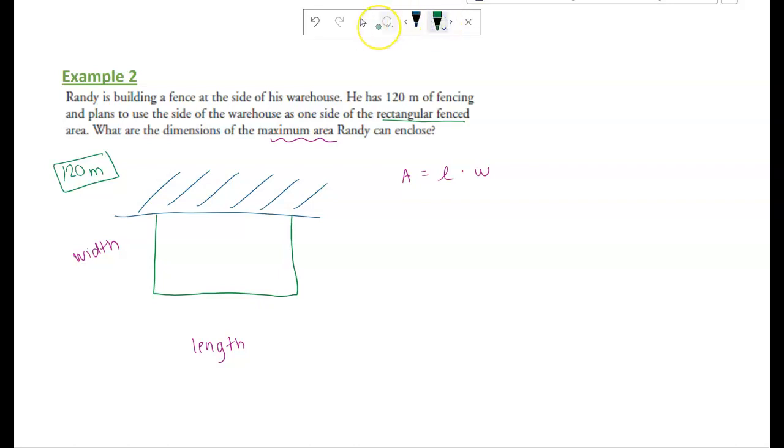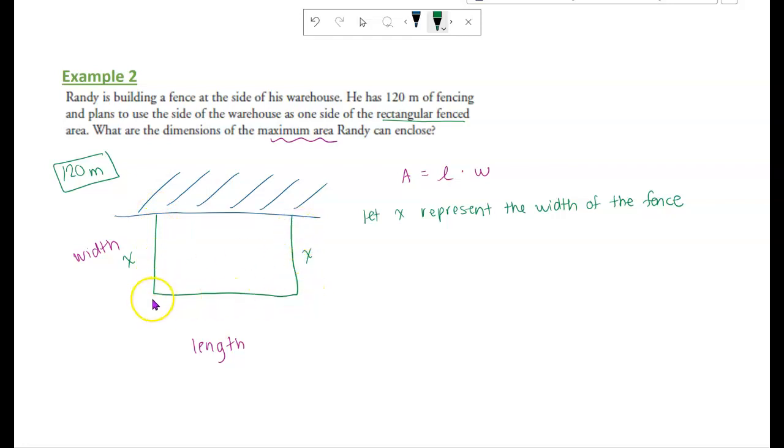So if you can imagine that if we let the width be x, then this side's also x. And I'm going to write my therefore statement stating that x is going to represent the width of the fence. But I also need the length of the fence because I'm going to need that to input into my area formula. Well, if I only have 120 meters, I've used up an x amount and an x amount.